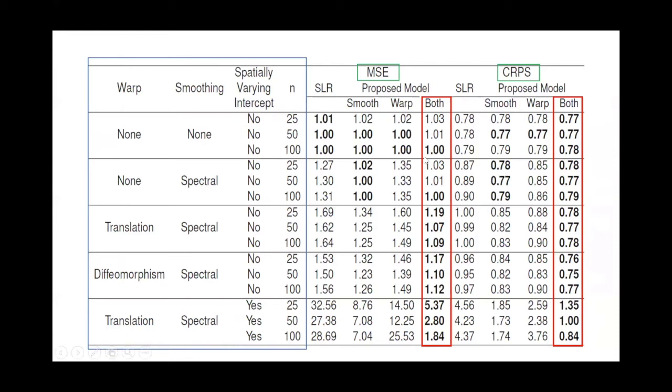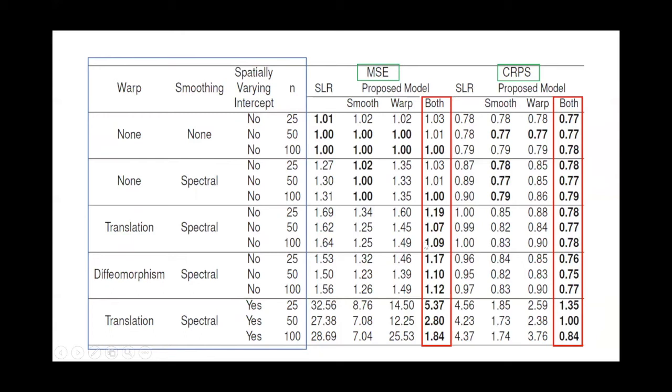And then this particular column in both cases is the full model that has both smoothing and warping. Our component models are just a simple linear regression model that's used now. Then there are some component models where you have only smoothing but no warping, only warping and no smoothing as well.